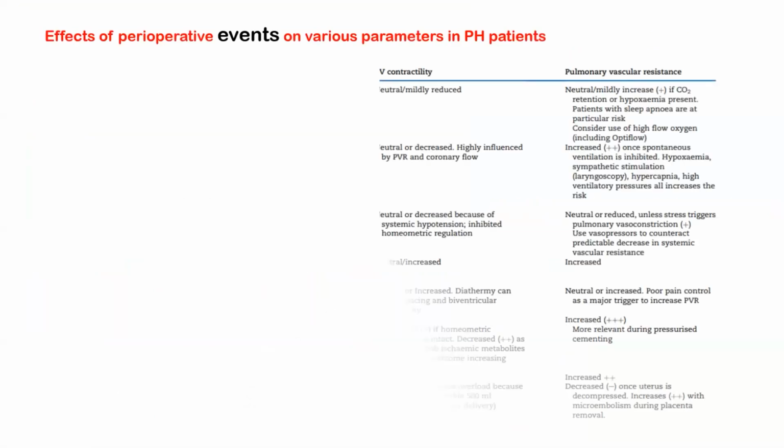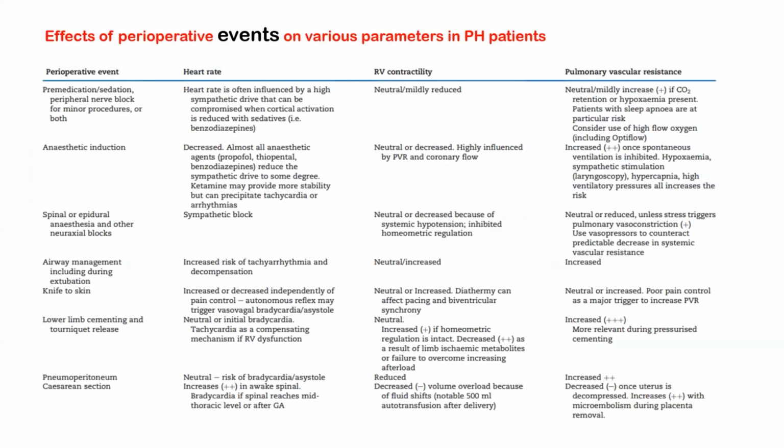Now, how can perioperative events affect the parameters of patients with pulmonary hypertension? Starting with pre-medication, there are three things you have to take care of: heart rate, right ventricular contractility, and pulmonary vasculature. Whether the right side heart or the left side heart, these three parameters decide the ejection fraction or stroke volume.